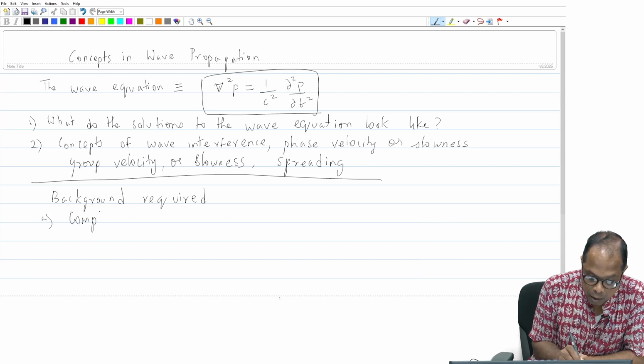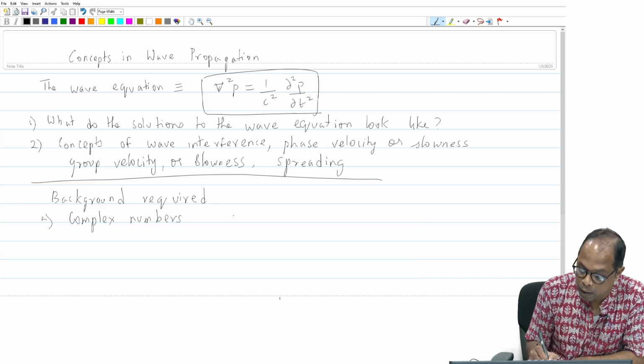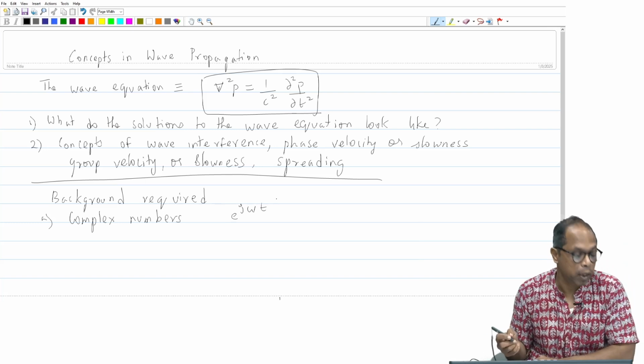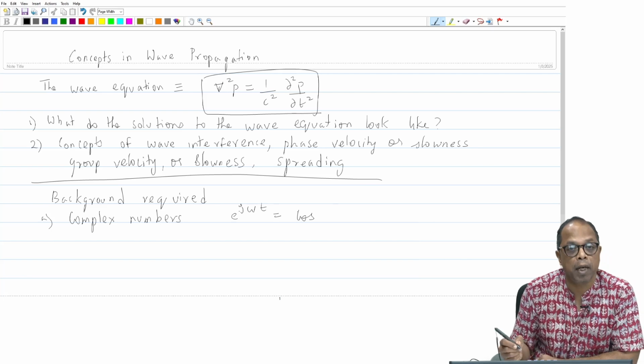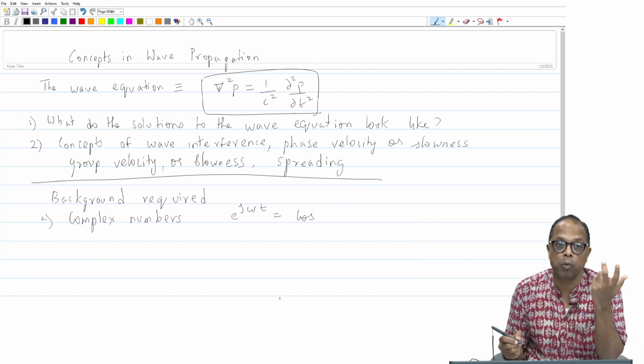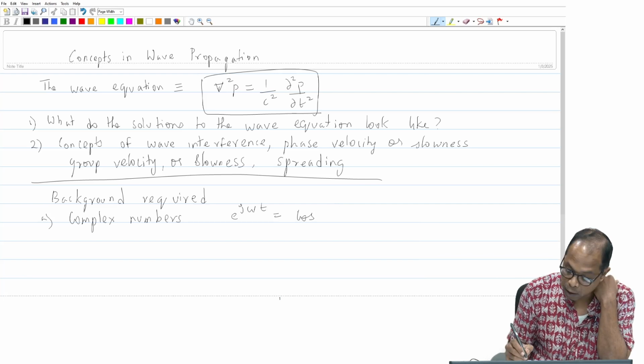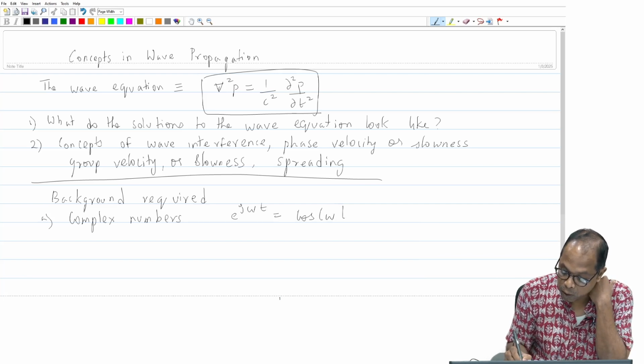First one is complex numbers. Specifically, you want to write harmonic waveforms. You could write exponential of j omega t, where j is the square root of -1, equals cos omega t plus j times sine omega t.